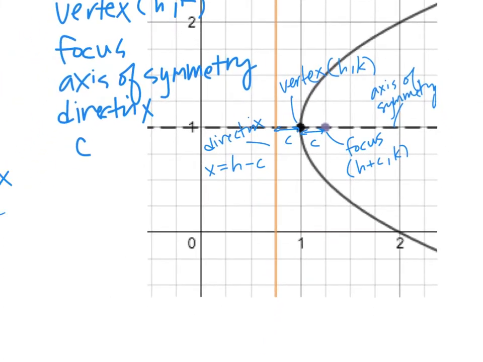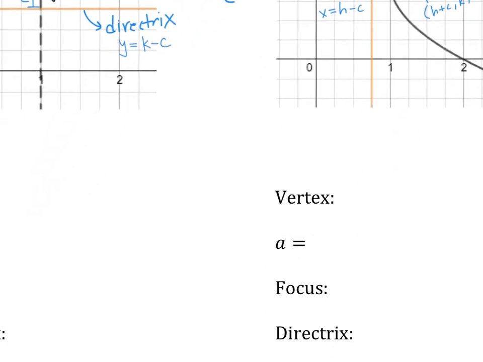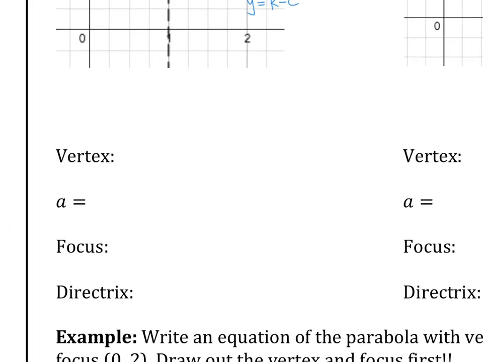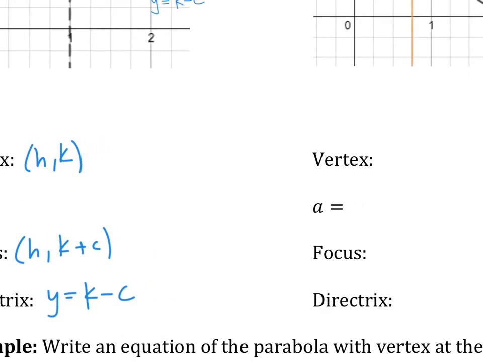All right, let's write down all that information down here. Vertex HK. Focus for the one on the left is H comma K plus C. Directrix is, that was a horizontal. So horizontal is y equals 2, K minus C. And then on the one that goes left and right, vertex is HK.